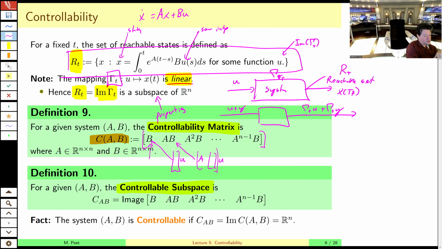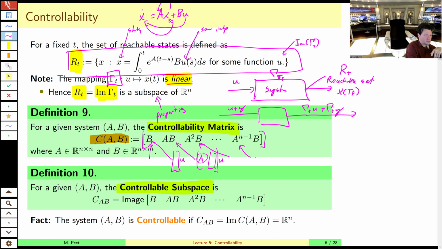So these inputs get mapped to the dynamics of a certain set of states initially, and then they get mixed up through the A matrix. First column gets mapped to x dot, and then that gets mapped to the second column, which gets multiplied by A, and then those states get mixed up further through A squared, and they keep mixing and mixing until you stop mixing.